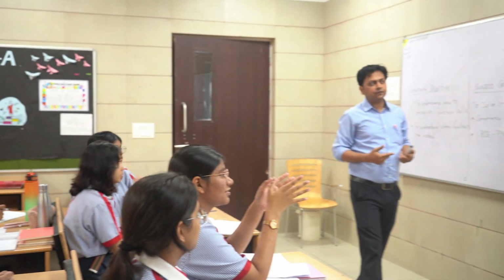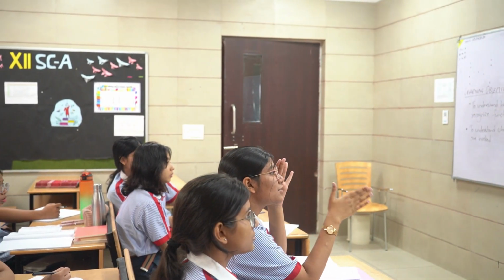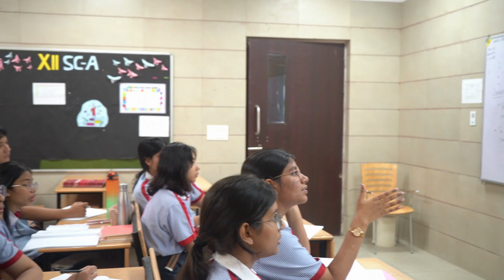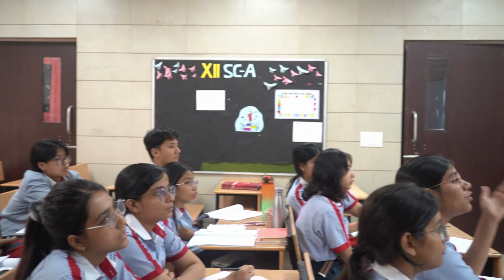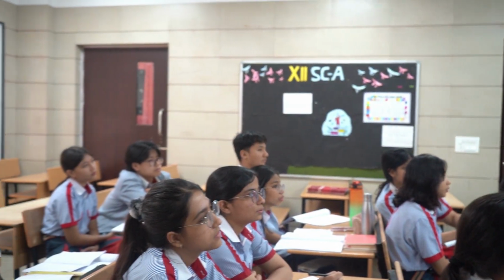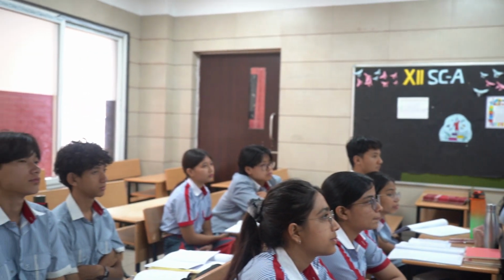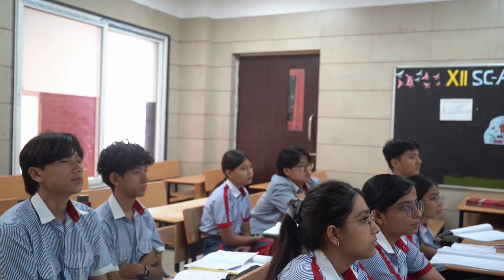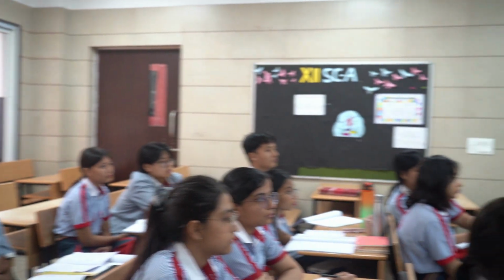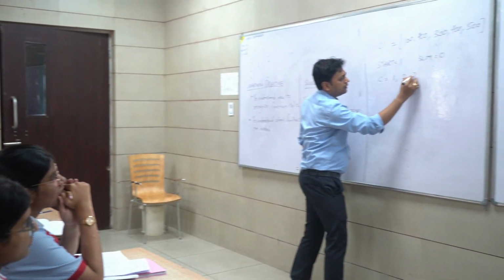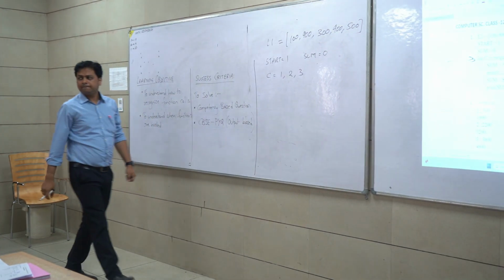It will take values starting from start, what is it? 1. And we will go up to 4 minus 1, that is 3. So when the loop starts executing, C will be having values 1, 2 and 3. Yes?